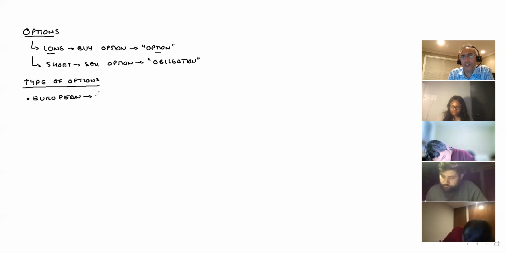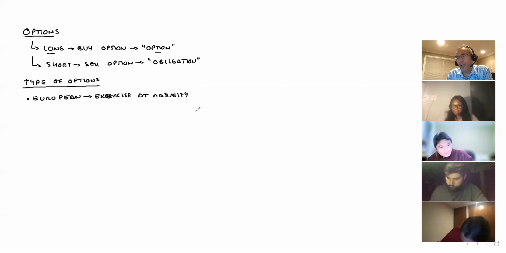You exercise at maturity. So if you have an option to exercise in 3 months, you cannot exercise in between. You need to wait 3 months. And the American option, you can have early exercise.